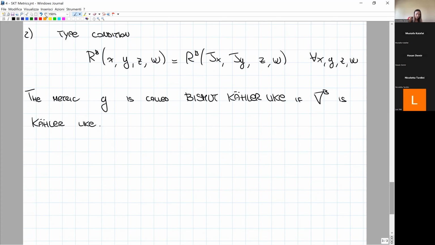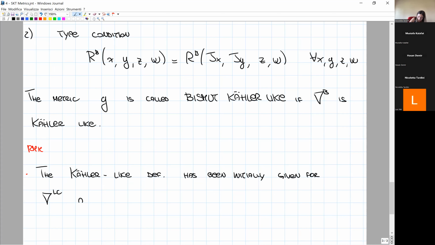Okay, just a few remarks. First, the Kähler-like definition was initially given for the Levi-Civita connection and the Chern connection.